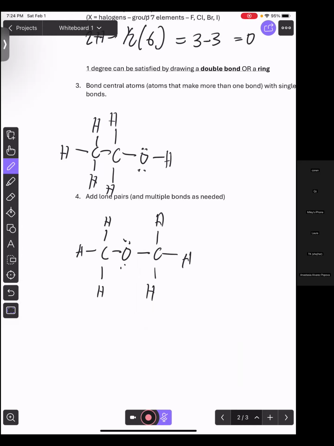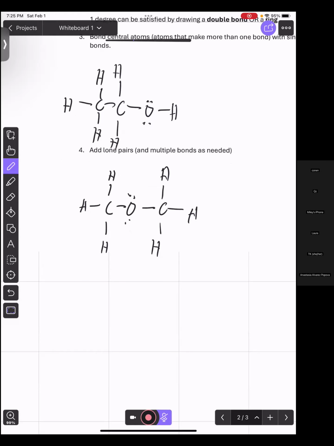So these are 2 Lewis structures that are both correct for the formula, but these are actually 2 totally different molecules, right? It is very important to understand that you can have the same formula but a different structure.